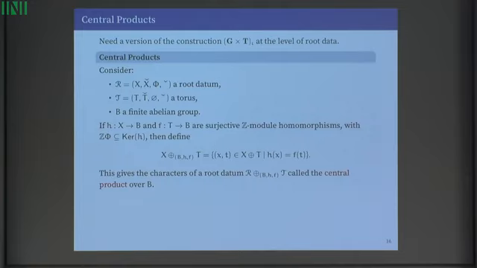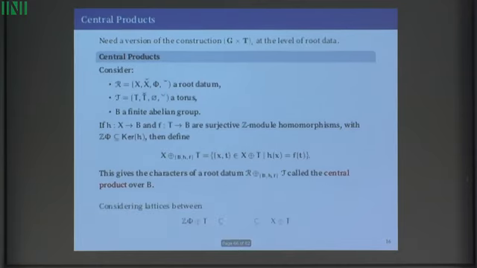So the characters of the quotient will inject into the characters of the original thing. The original thing you start with is a direct product, and now you're quotienting out by something. So you're now identifying the characters of the quotient inside, and this condition is exactly that it's trivial on the quotient. Okay. So this gives this construction, which we call the central product.